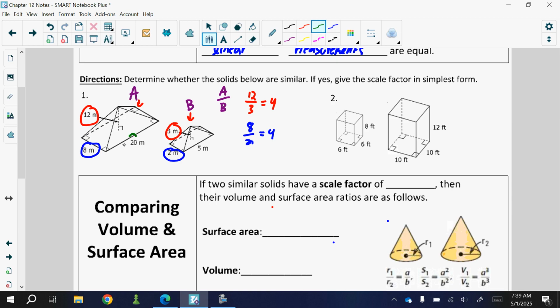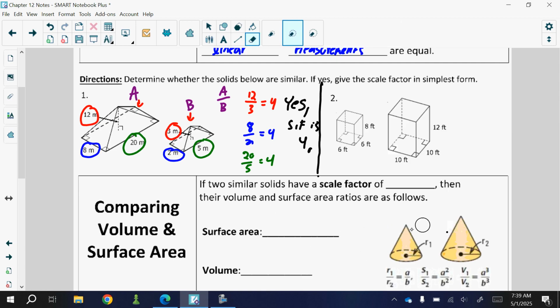So look at the last one, 20 and 5. So 20 over 5 indeed is 4. So yes, these are similar solids and the scale factor is 4. Remember, you have to check all sides in order to verify that they are similar.